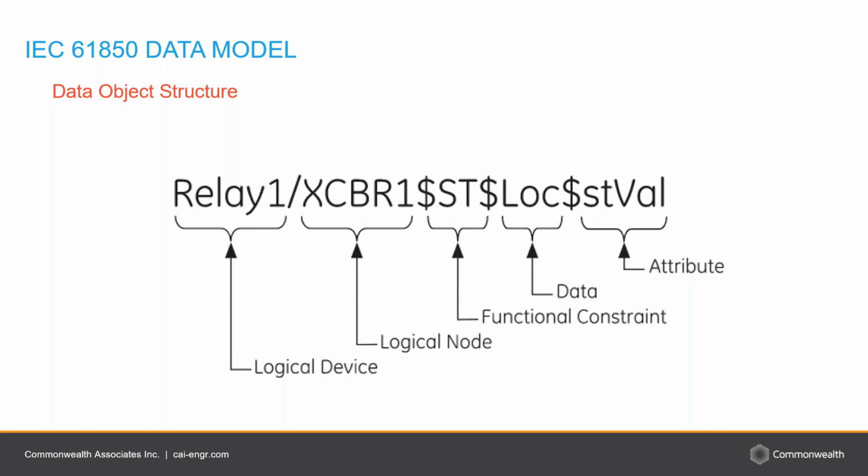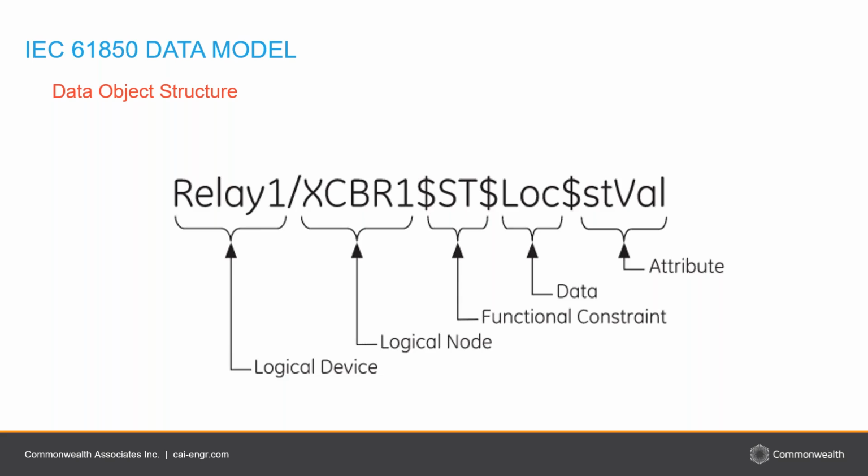So this slide shows how the device modeling that we have seen so far builds up to the abstract data object, which can be accessed and transmitted in the 61850 network. This is an example of a data object structure which has been mapped to the MMS object protocol. So suppose there's a physical device, an IED, which has a logical device in it, which is being modeled by relay 1 in this diagram.